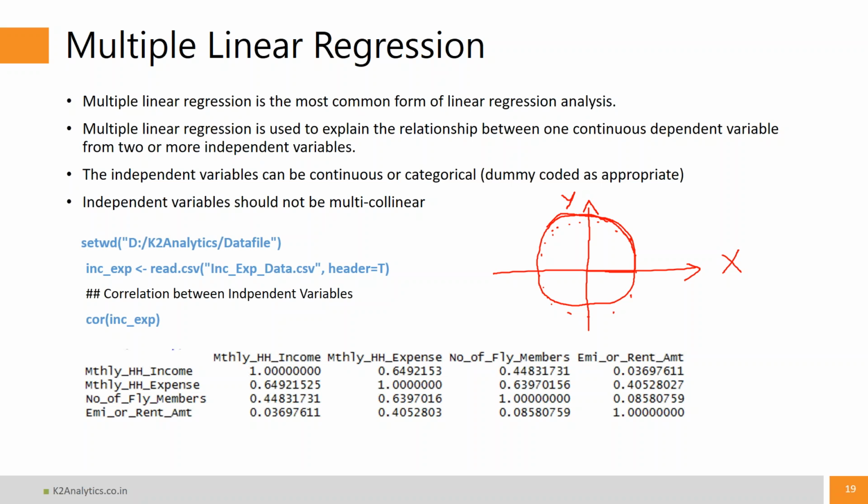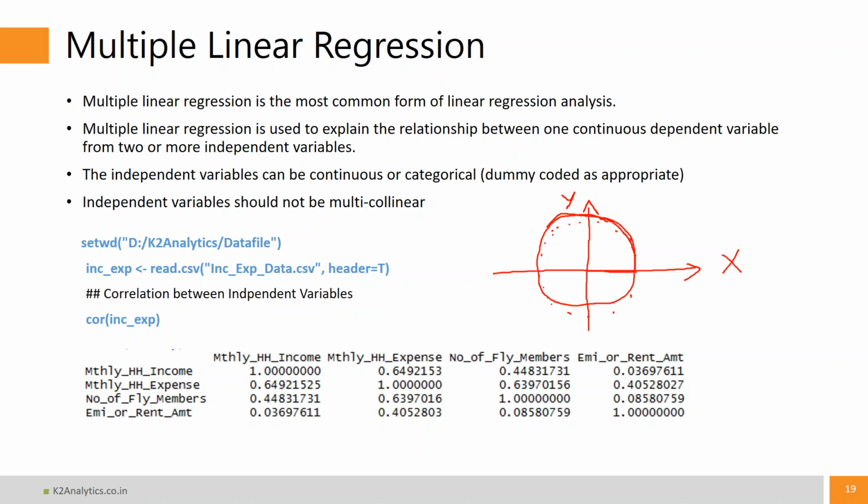For example, can I derive annual income as a function of monthly income? When two or more predictor or independent variables are correlated and they are trying to predict the same phenomenon, which is in this case expense, you will end up with a problem called multicollinearity.